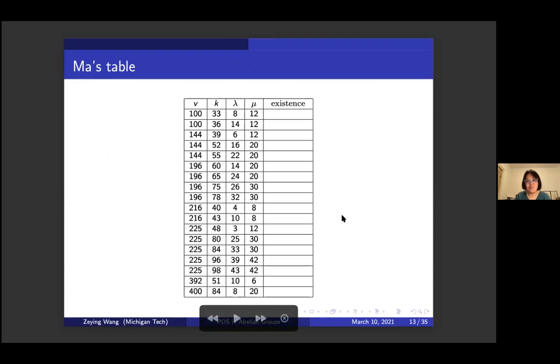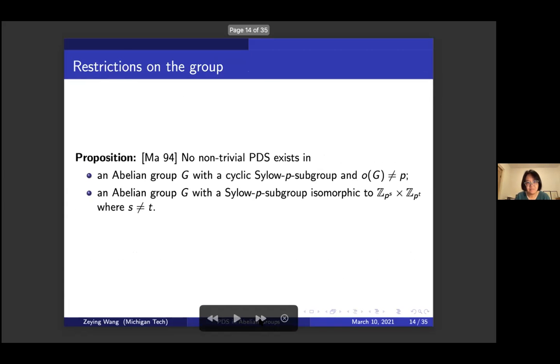Now I'm going to show you a direct application of our local multiplier theorem. Before that, I want to talk about restrictions on the group, which give the structure of groups that can have a non-trivial PDS.